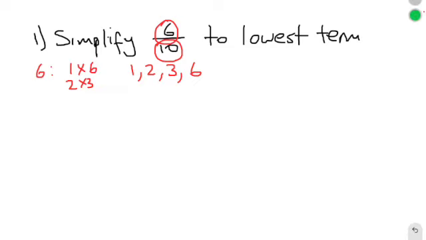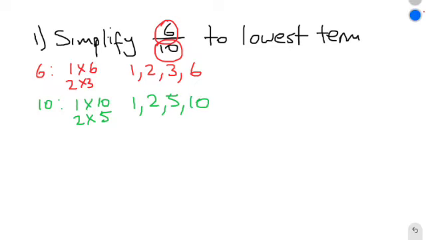Similarly, let's find all the factors of 10. So it's 1 times 10, 2 times 5. And that's really it. No other factors, correct? So the factors of 10 are 1, 2, 5, and 10.